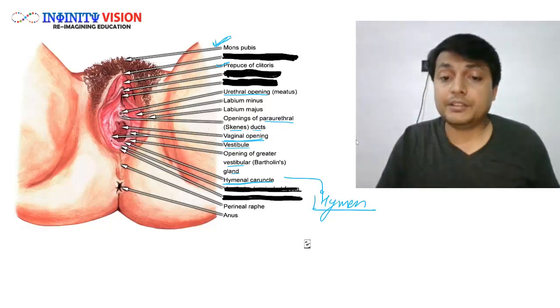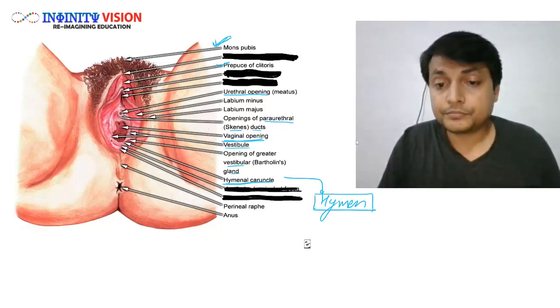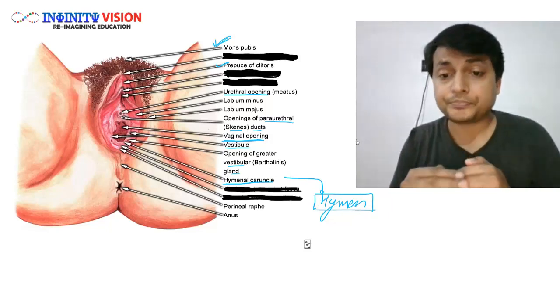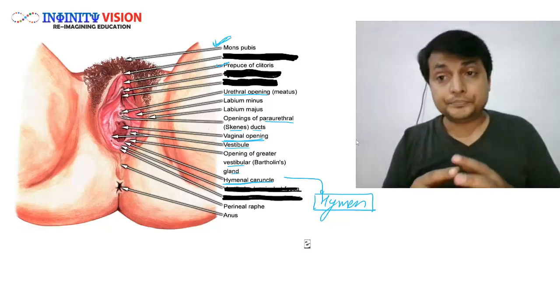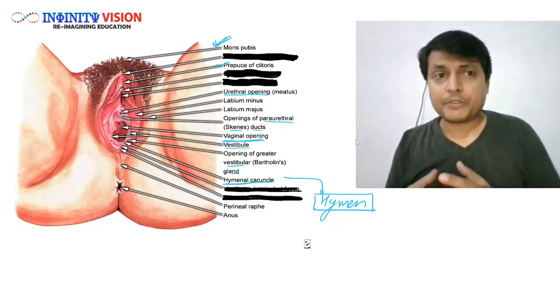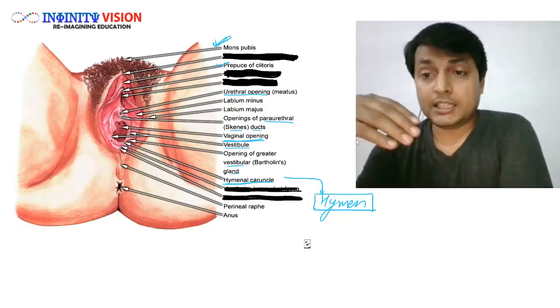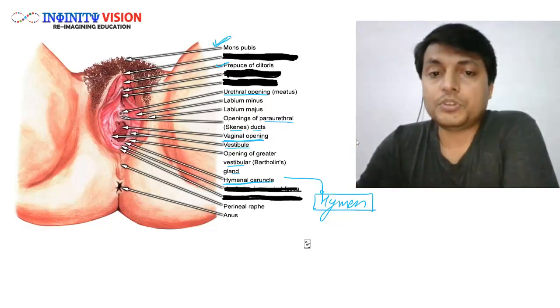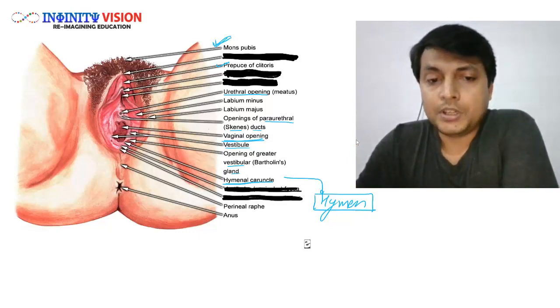And this hymen is actually a protective layer. It covers up. Now, what I'm going to tell you is very important. Traditionally, in old days, hymen was considered as the virginity test. Okay.